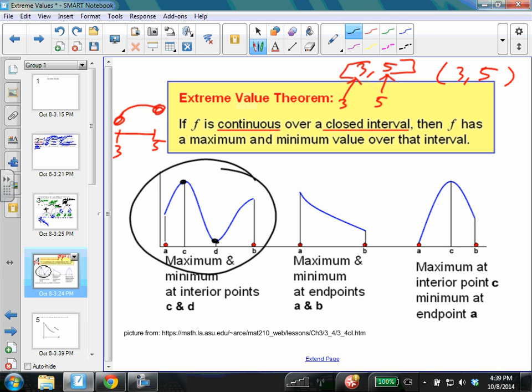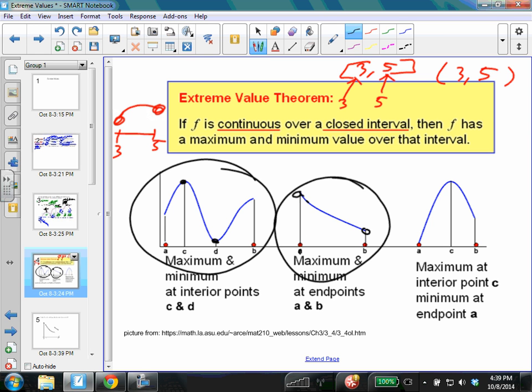Now the importance of the closed interval is actually shown in this second example right here, right? If these were open intervals, there would be nothing absolute that we could touch. There would be nothing that we could get right up to and say, hey, yep, we got there. That spot right there is exactly the maximum. With these open intervals, you can continue to get closer and closer to A, right?